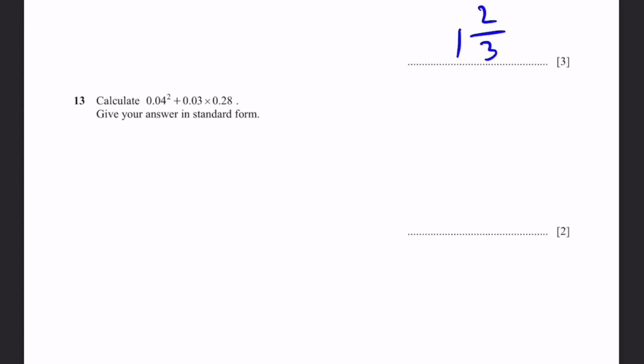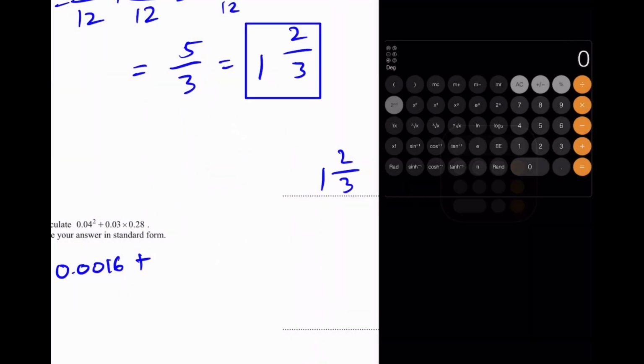Question 13. Calculate 0.04 squared plus 0.03 into 0.28. Give your answer in standard form. 0.04 squared will be 0.0016. And 0.03 into 0.28 will be equal to, let's get our calculator out. By the way, just 0.04 squared, yeah, 0.0016.